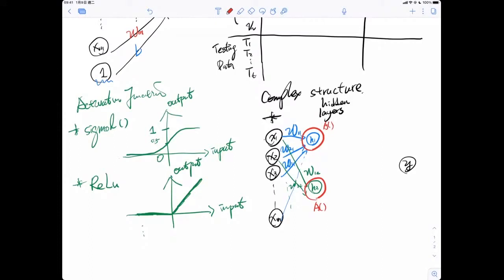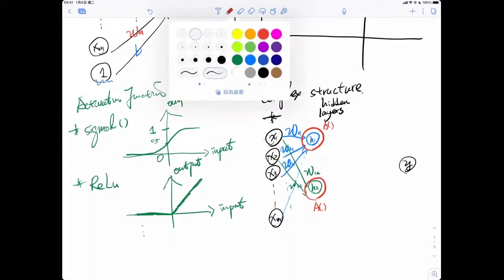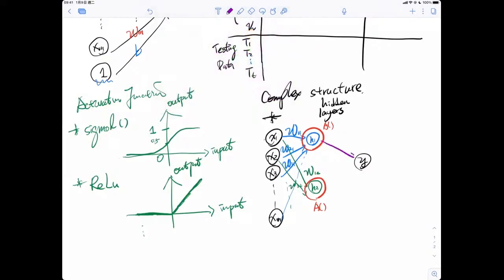After that, we can further pass the information from different perspectives to Y, with other weights, for example W3 and W4. We pass different points of view from those hidden nodes, and we make a conclusion about Y by using the two different weights, W3 and W4, something like that.